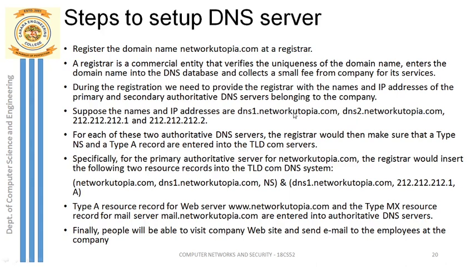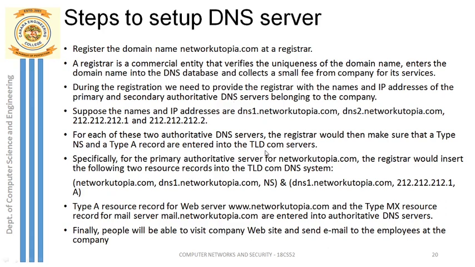What do you mean by primary? This primary authoritative DNS server is the one which actually has contact with the outside world. The secondary authoritative DNS server is the contact for internal people inside the organization. DNS1 is primary, that means it maintains information with the outside world, whereas DNS2 maintains contact with the inside world, inside the organization.